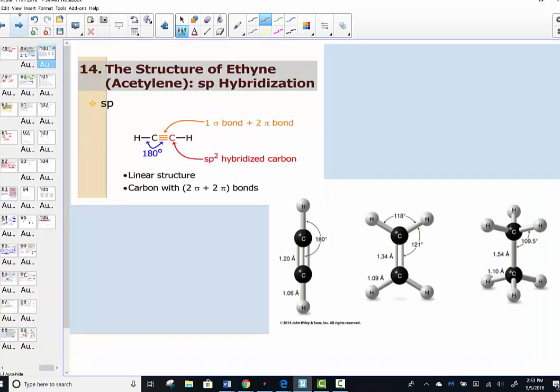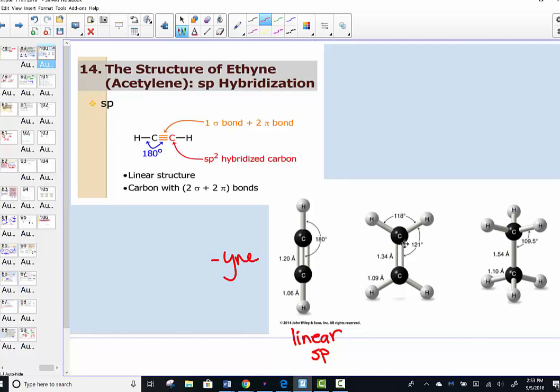And you'll continue through the rest of the lesson here just looking at molecular geometry, what I sprinkled into previous lessons. We have a linear sp configuration with a triple bond. We'll learn that these are called alkynes, Y-N-E, alkyne.